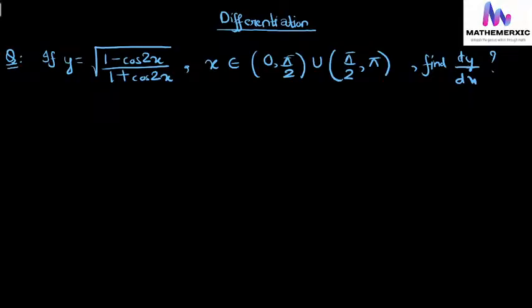1 minus cos 2x on 1 plus cos 2x. So 1 minus cos 2x is 2 sine square x, and this can be easily converted to some other form.